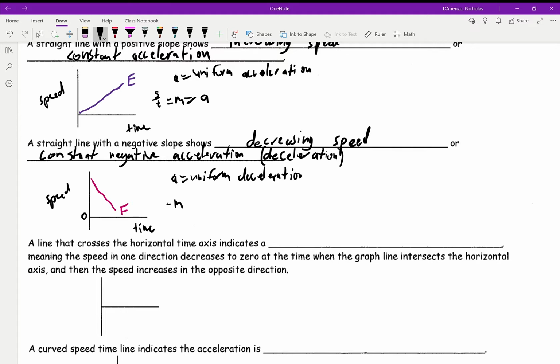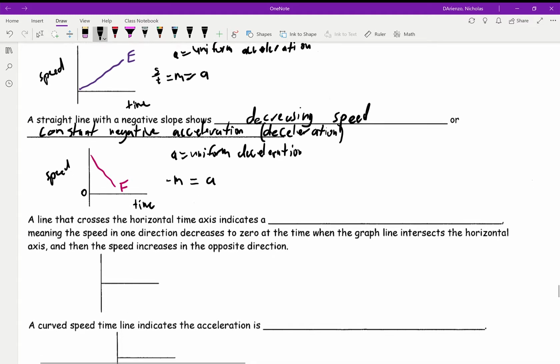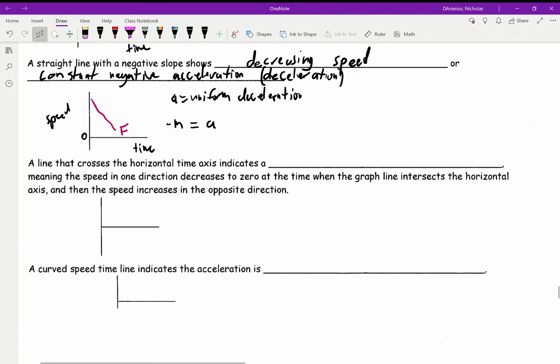The negative slope is going to give us a negative acceleration, or deceleration, however you want to refer to that.